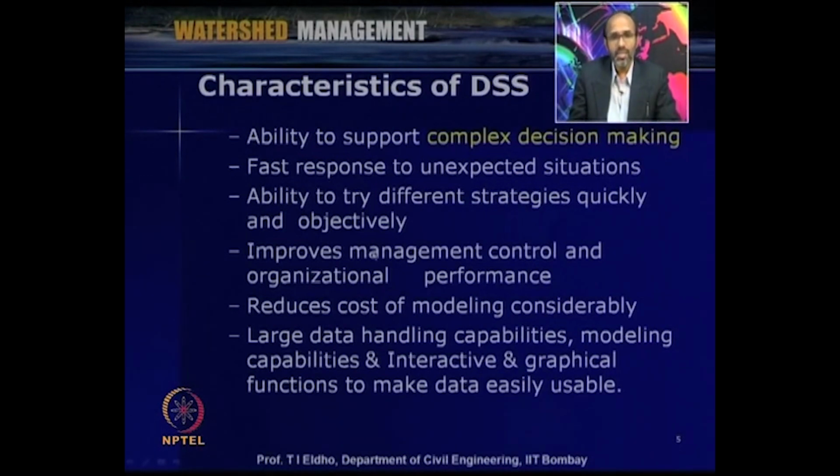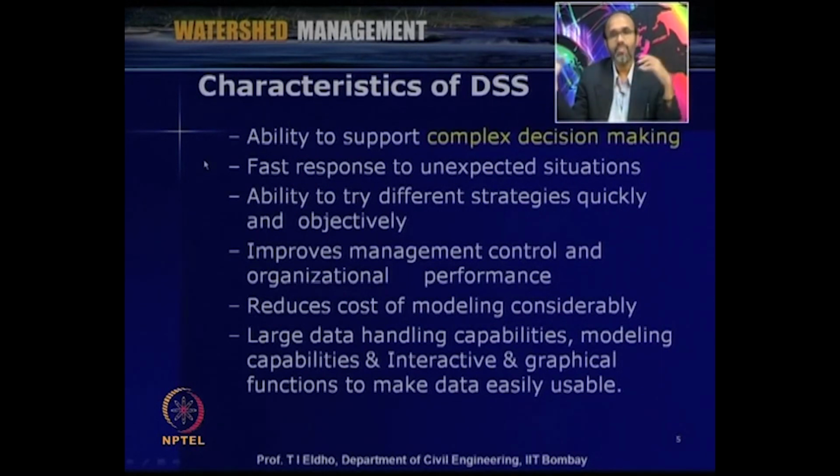Then the DSS should improve the management control and organizational performance. So the DSS should help the manager or the decision maker to improve the total system, and should have better control over the system, and performance should be improved. And then the DSS should reduce the cost of modeling considerably.